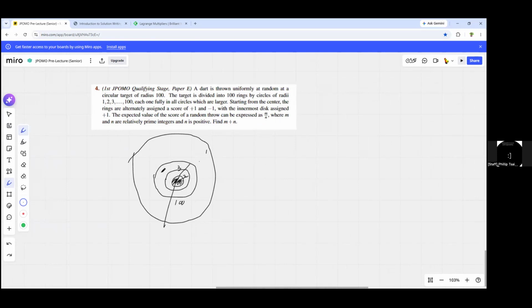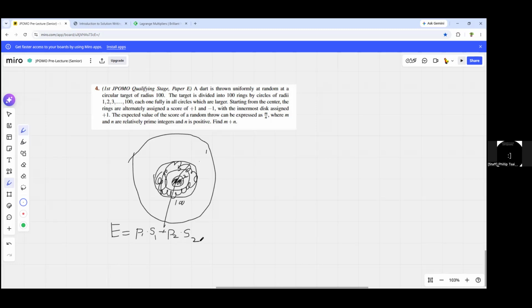The expected value is basically the probability that you will achieve an outcome multiplied by what you get from that outcome. Then you just add them all together, over all the possible things that can happen.